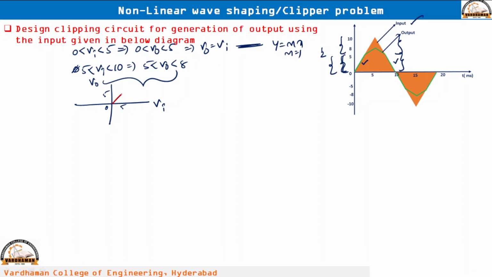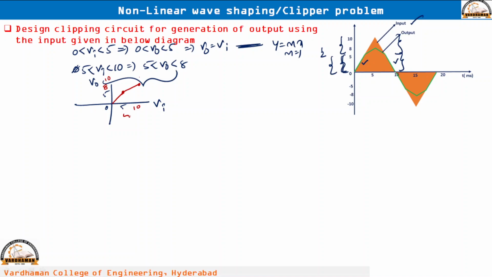V naught is equal to Vi means a straight line passing through the origin, but after that changes are happening. Input changes from 5 to 10, output changes from 5 to 8. It should not reach 10, it should reach only 8. So, like this the slope will be changed.